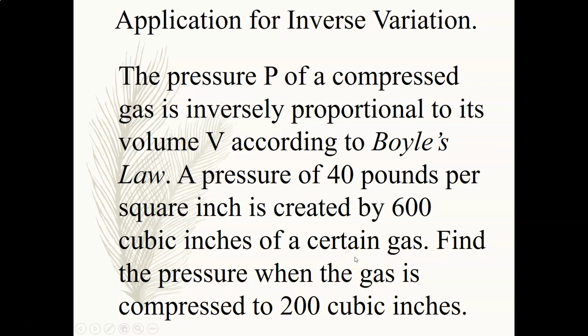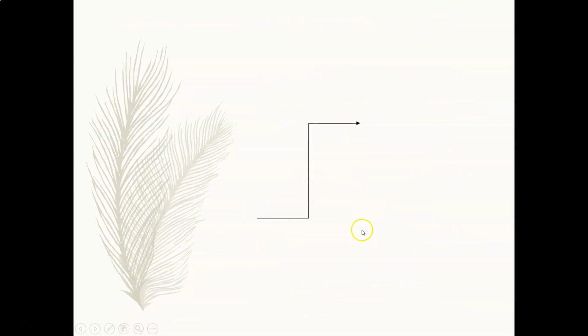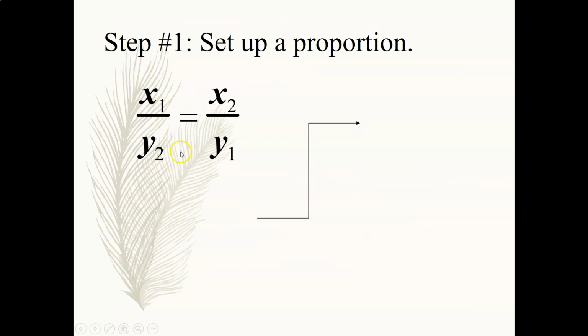Using proportion, we are given a pressure of 40 pounds that is created by 600. So this one will be our x1 and y1, and this one will be our y2. For the proportion, we have 40 and 200, x over 600.